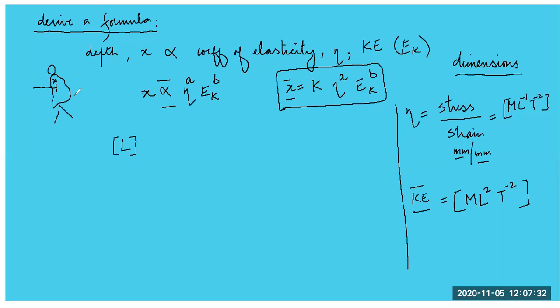Length. x is distance, so L will be equal to, now you need not write the square brackets here. Forget about k. We assume k as a dimensionless constant.